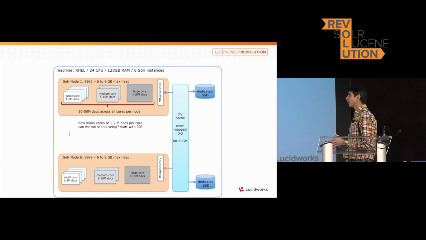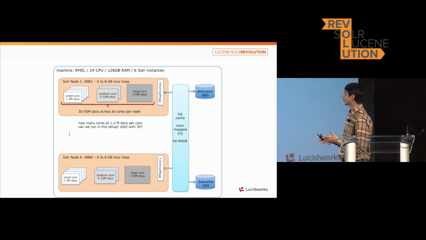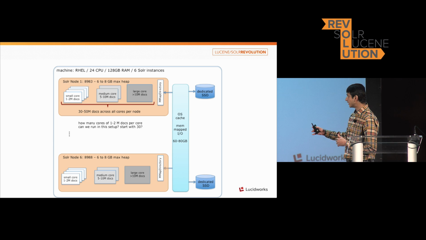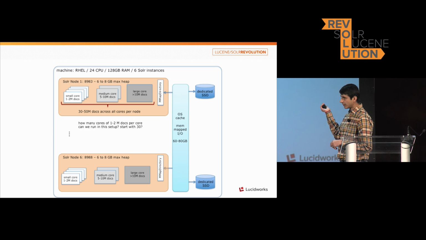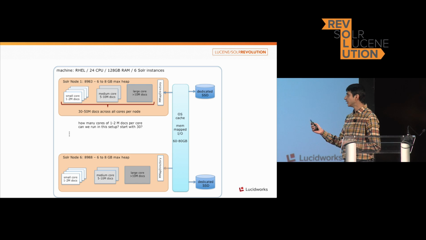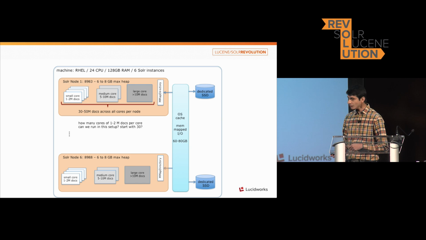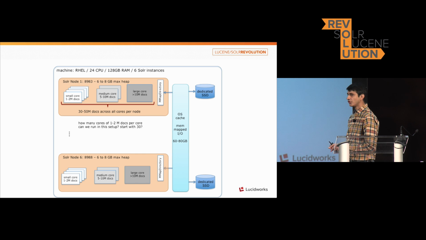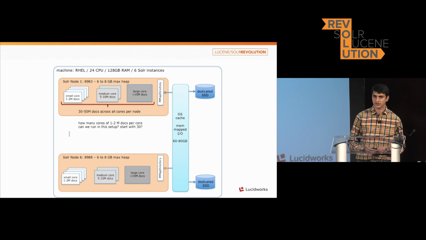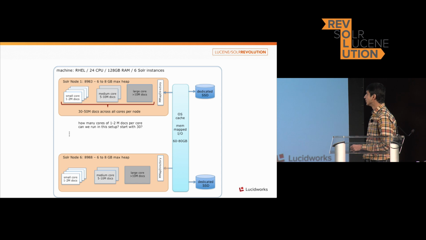The machines had some small cores, some medium cores, and some large cores, but the numbers that I'm going to share talk only about the small cores. We used the i4 xlarge instances on AWS to run all of these tests with dedicated IOPS.